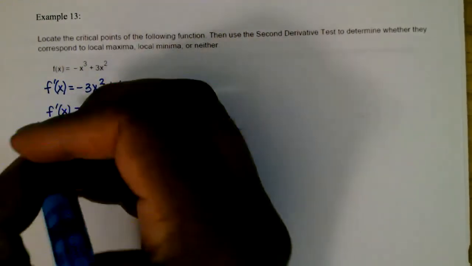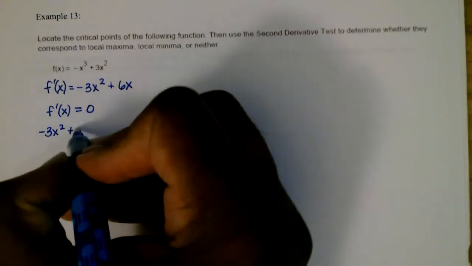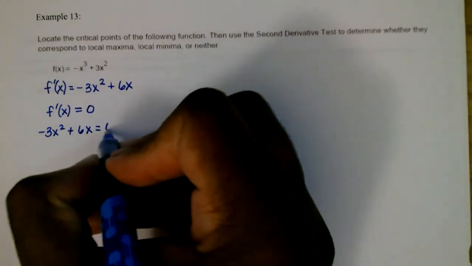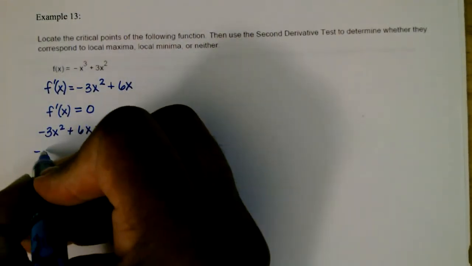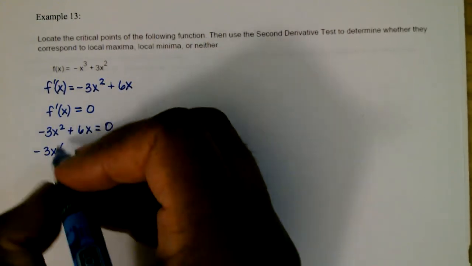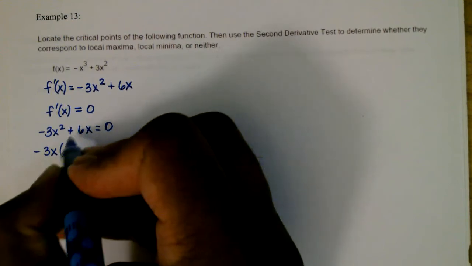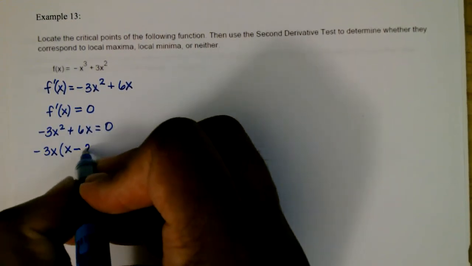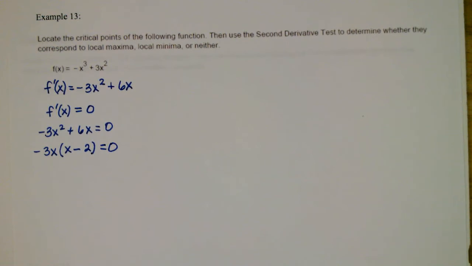And the first derivative was negative 3x squared plus 6x equal to 0. Now let's factor out the negative 3x. That would mean negative 3x squared divided by negative 3x will be x. 6x divided by negative 3x will be minus 2. So I got negative 3x times the quantity x minus 2 equal to 0.